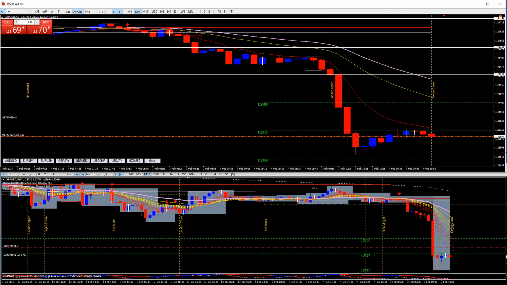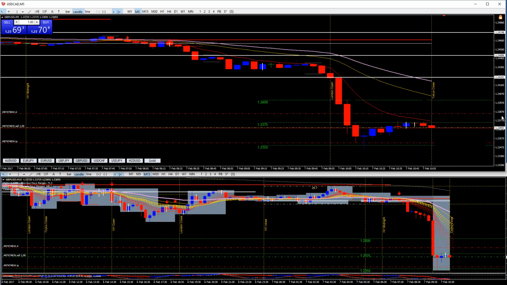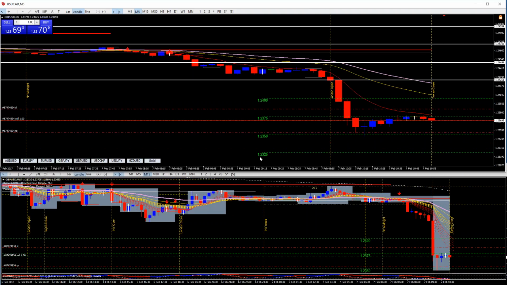I just took it, because it broke, and I'm going to set my take profit at just above the 50. Now the likelihood of this going all the way down to the 25 is pretty good.